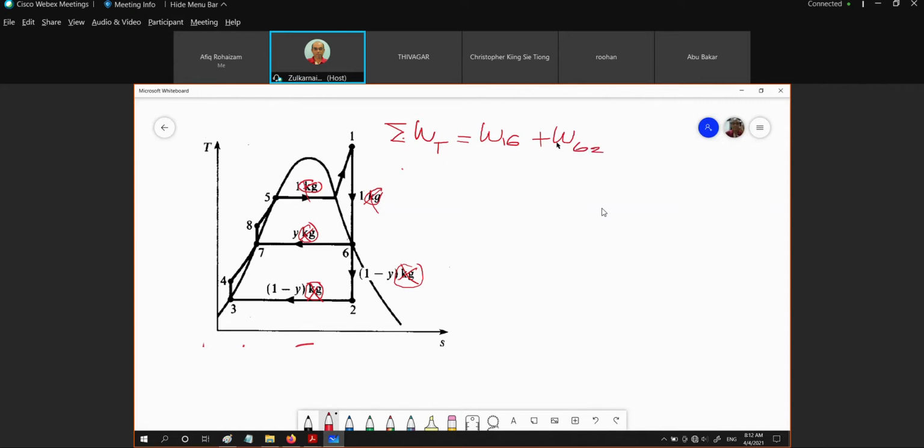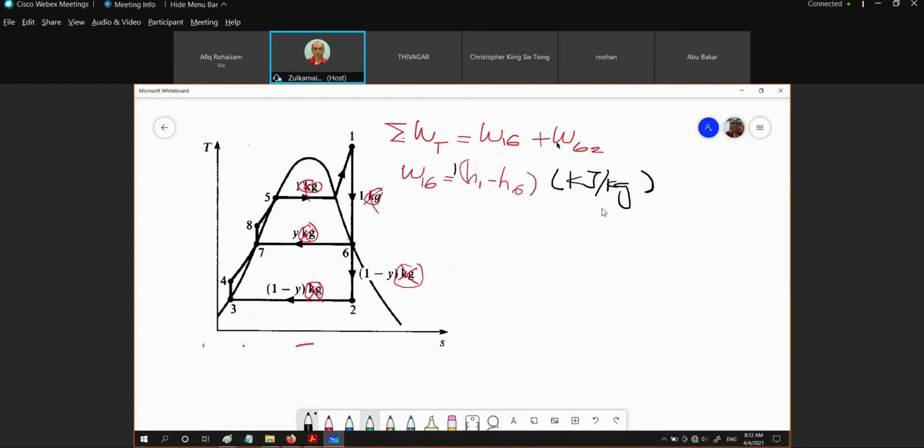Okay, and if we get the equation for W16, this should be H1 minus H6. And the fraction of flow right here is 1. Okay, this is 1. So the unit of W16 is in kilojoule over kilogram.